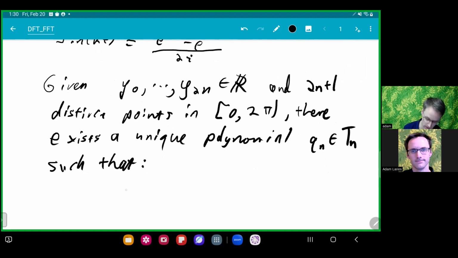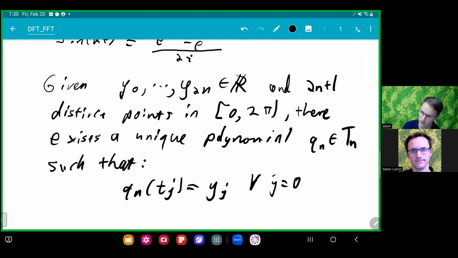That is, qn at tj is equal to yj for all j going from 0 up through 2n.